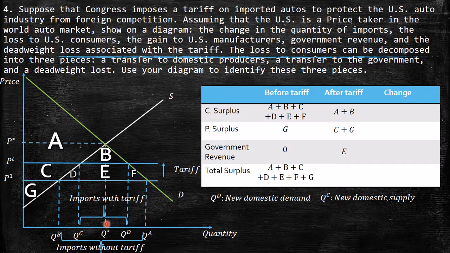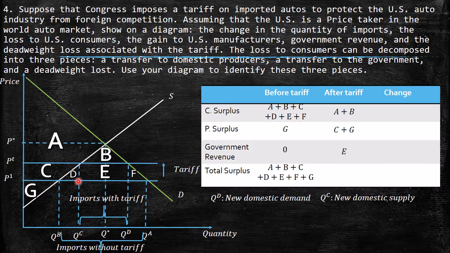We can represent this intuition in some way, because this is the import with the tariff. All these autos that enter the US market are going to be taxed.